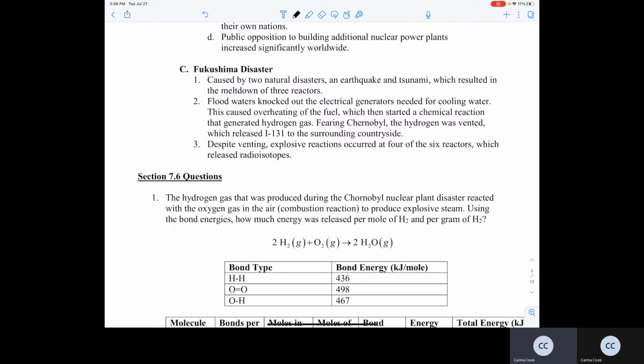And so despite them trying to vent a lot of that hydrogen gas, explosive reactions still took place in spite of their attempts to vent the hydrogen gas. And so, again, dangerous radioactive isotopes, which included the iodine-131, were still released into Japan.